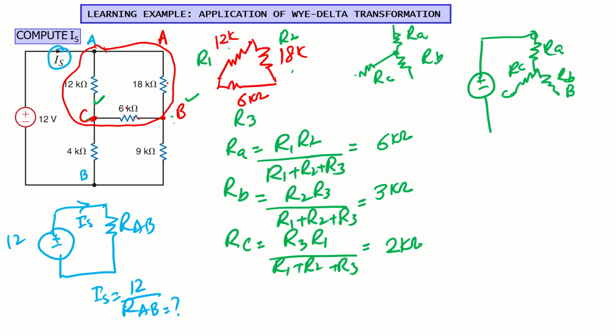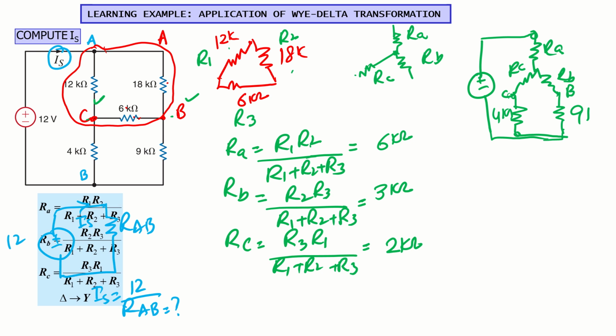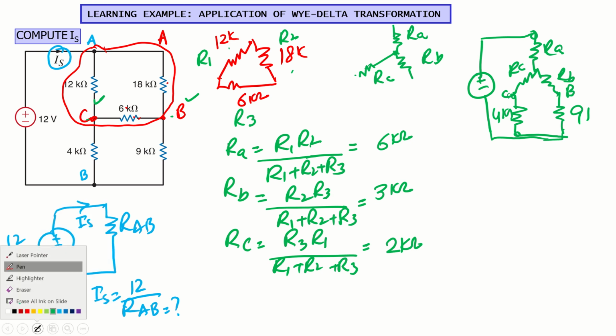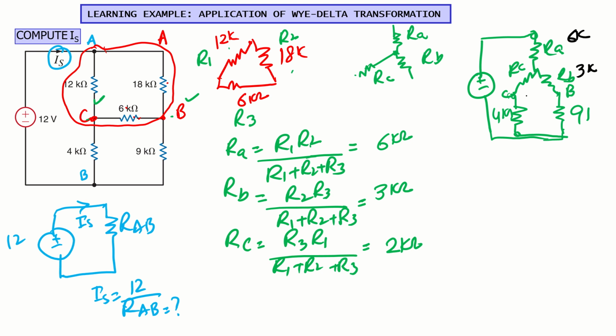And then at node B, we have a 9 kilo ohm resistor. And here we have a simple 4 kilo ohm resistor. And this node is common between them. So we know the values of RA, RB, and RC. So let's just put them in the circuit. The value of RA is 6K, value of RB is 3K, value of RC is 2K.